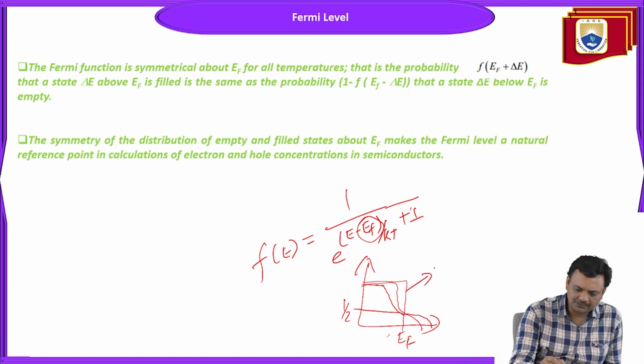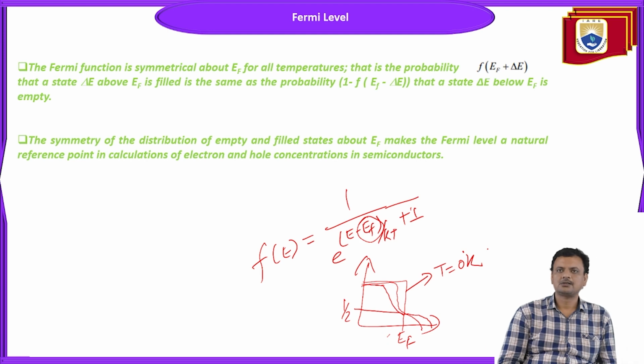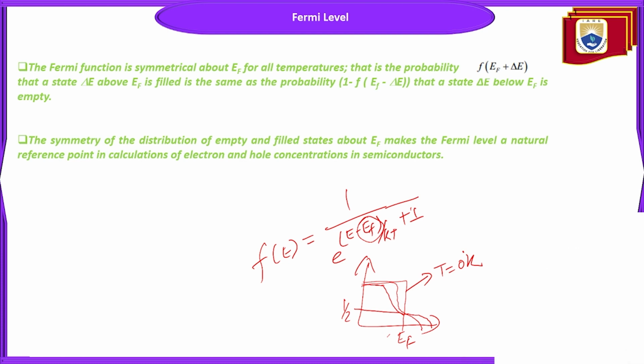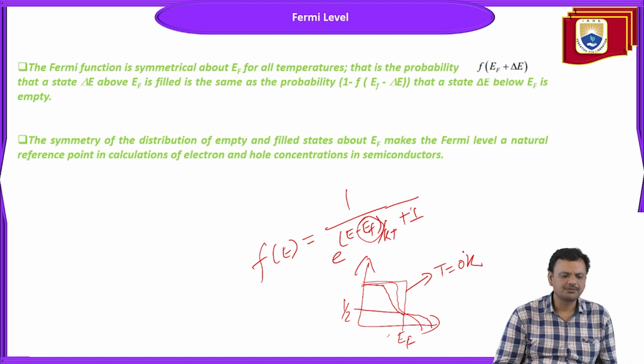This is at T equal to 0 Kelvin. So this curve is symmetrical about the Fermi energy level EF, and the Fermi function is symmetrical about EF for all temperatures.